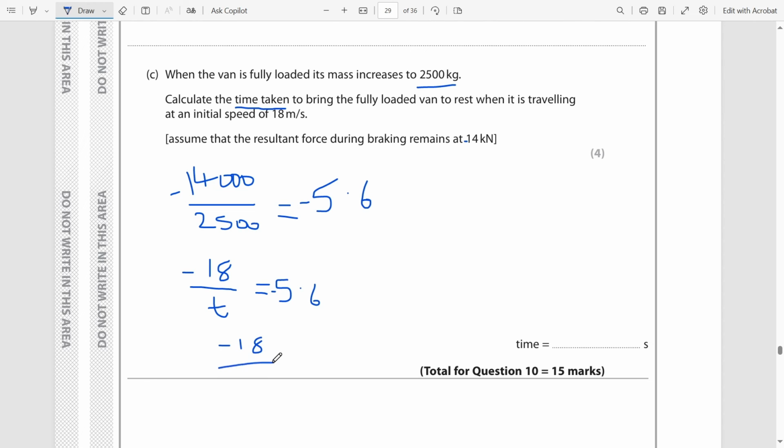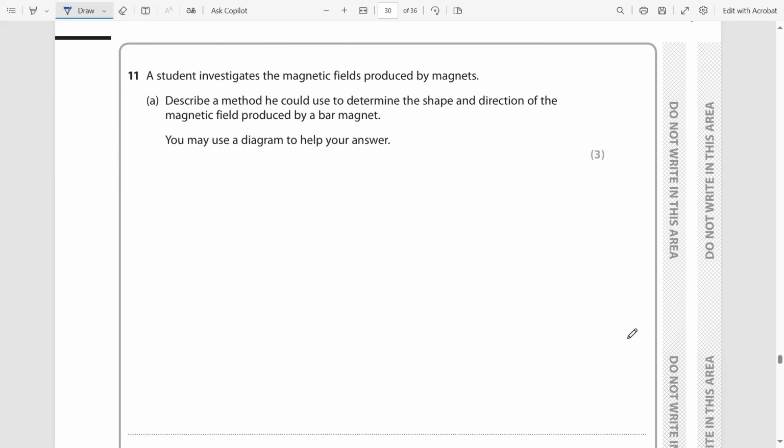We're going to swap these around, equals t. And now, what is our answer? I can't see, it's so dark right now, guys. Okay, we're going to have to round that again. 3.2 seconds. Okay, last question.